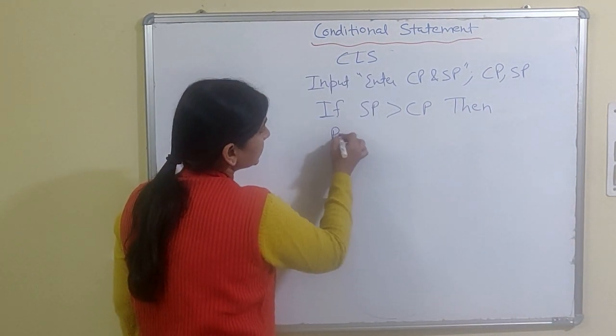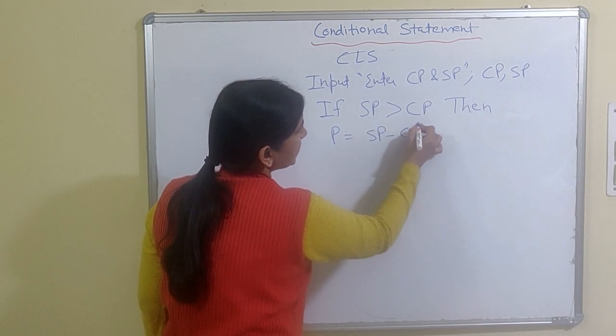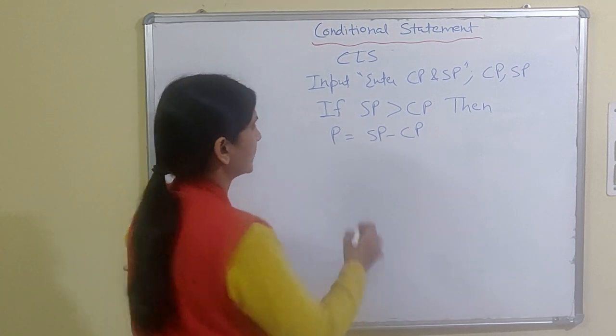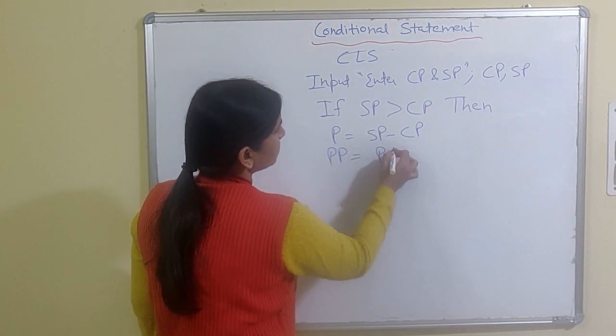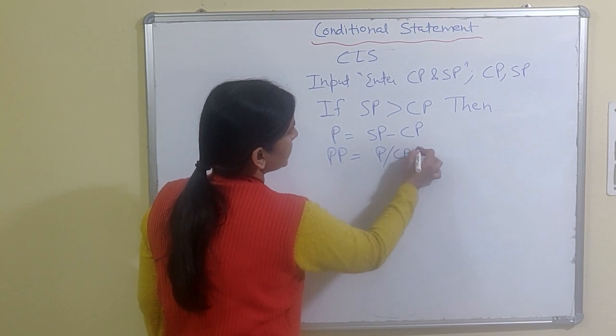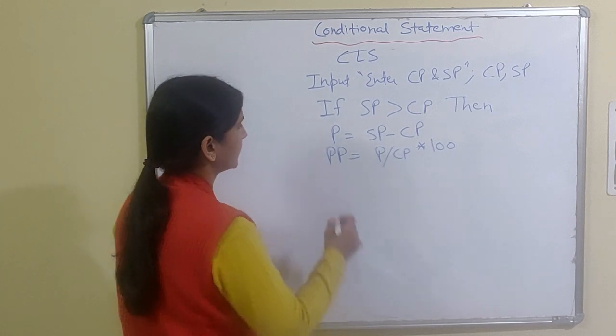we will calculate profit. Profit will be P equals to SP minus CP. PP, profit percent, P by CP into 100. Fine.